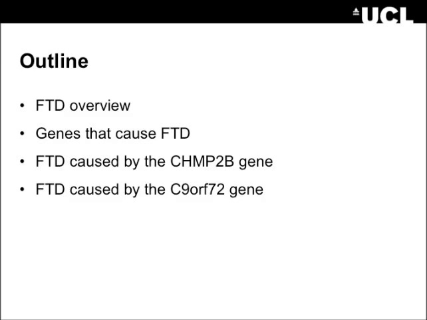So, there we go. Just to give you a very quick outline of what I'll talk about, I'll very quickly talk a bit about FTD itself. Then I'll tell you about the genes that we know cause FTD. And then I'll focus specifically on two genes that my lab works on, just to give you an idea about the types of approach that we take to try and understand these genes when they're discovered.